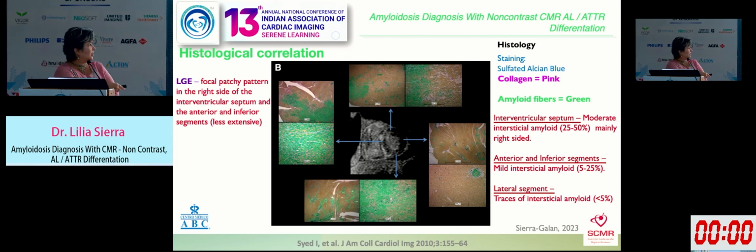The histology shows us that the interventricular septum has moderate interstitial amyloid, mainly in the right side, and the anterior and inferior segments have even less amyloid deposit, and the lateral has traces of amyloid. So that would give us the appearance and the patterns of LGE.